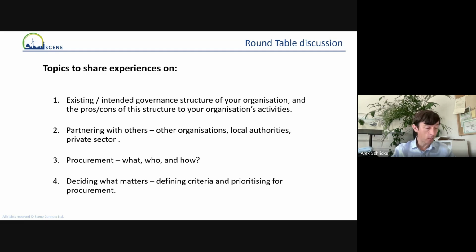There's the co-op principle of one member, one vote, so it's not that control sits with a small oligarchy of people. It's something that is truly collective, and I think that reflects the values of a lot of community organizations, and that's why it is a route that's commonly selected.